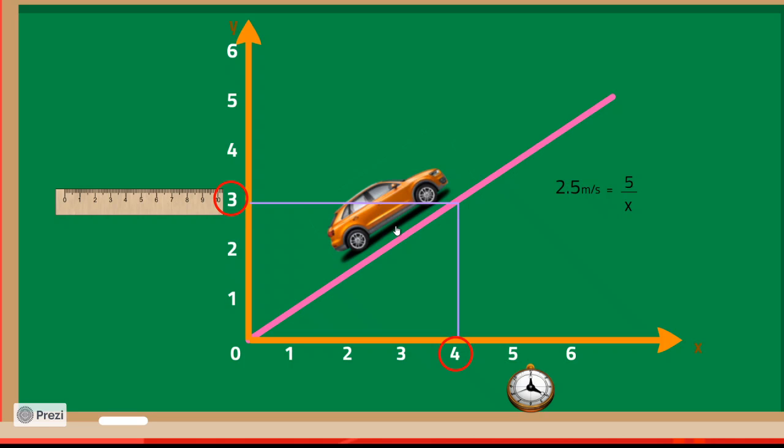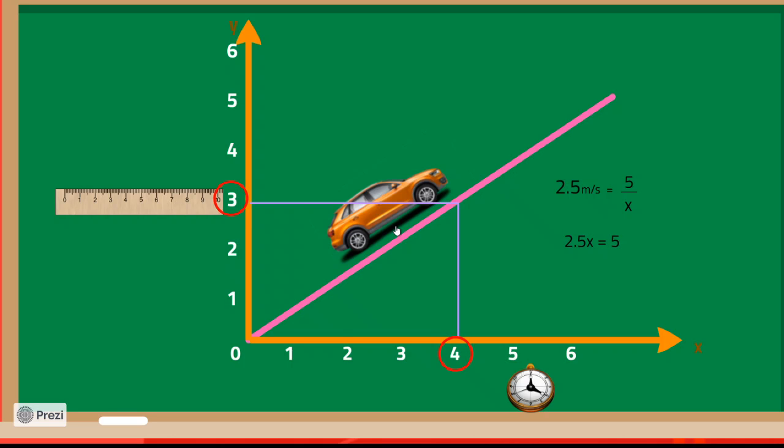How much time is taken to cover 5 meters when your car is traveling at 2.5 meter per second? Since you do not know the time, I put it as a variable x, and now you know how to find it. I will cross multiply, and it will be 2.5x is equal to 5. Right, I get an equation here.